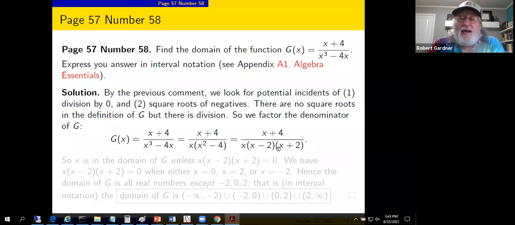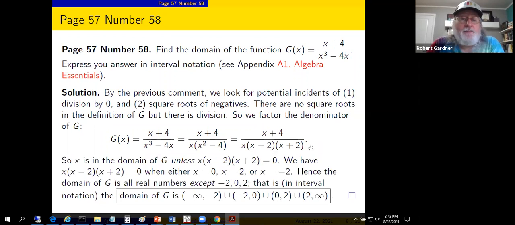And now I can see exactly where the problems are. The problems are when this denominator is 0. So x is in the domain of g unless x is a bad value. A bad value makes the denominator 0. So let's find where that occurs and throw those out. If we have x times x minus 2 times x plus 2 equals 0, then either x equals 0, or x equals positive 2, or x equals negative 2.